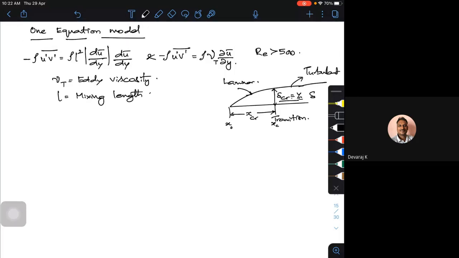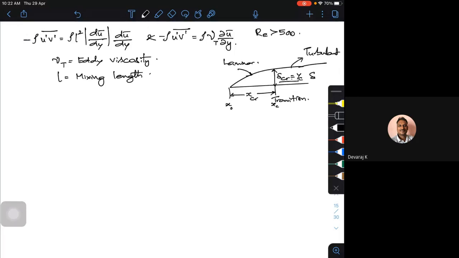So L is equal to 0.4 y or whatever it may be. This is for distance y ranging between y naught and y critical. Y0 means it is on the wall, and y critical is at this particular point, your delta critical.